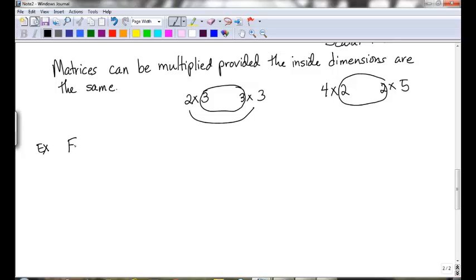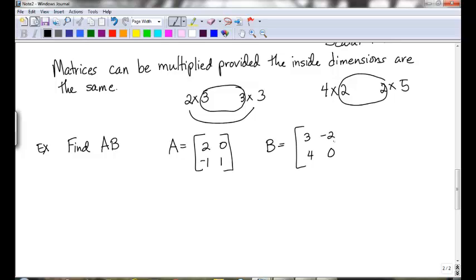If I said find AB, and matrix A is a 2 by 2, 2, 0 is the first row, and negative 1, 1 is the second row. Matrix B is 3, negative 2, and 4, 0. Now, it makes a difference.